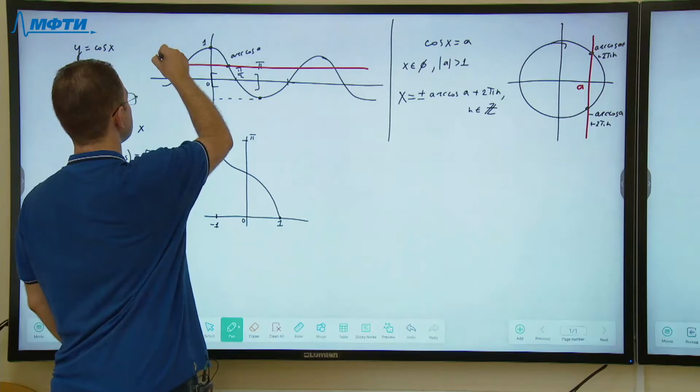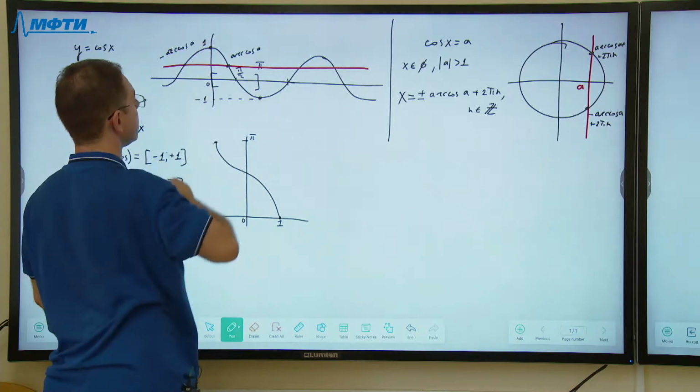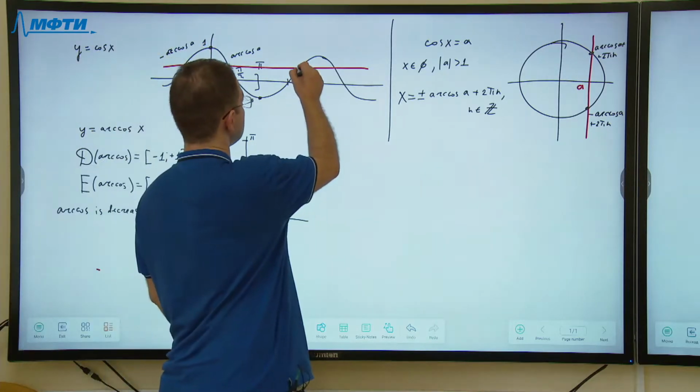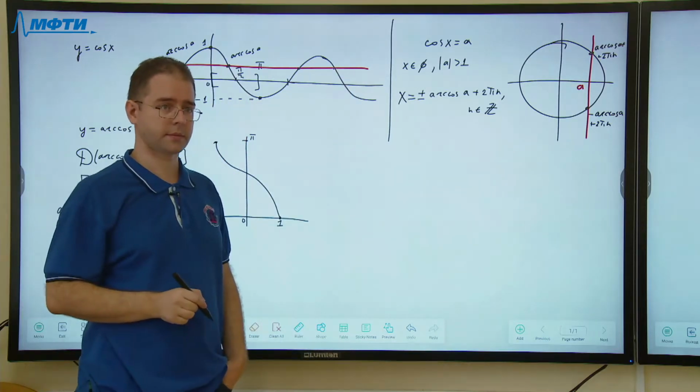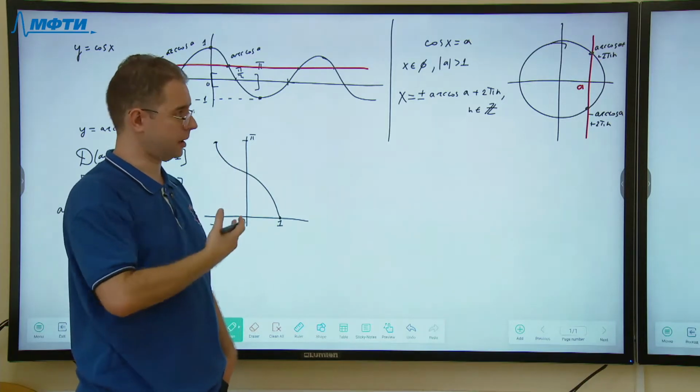This is minus arc cosine. And we, of course, repeat those points infinitely many times, and so on and so on. Okay, so this was arc cosine.